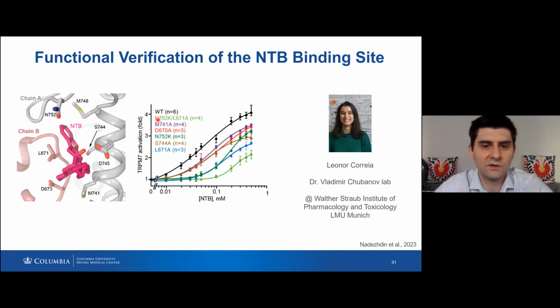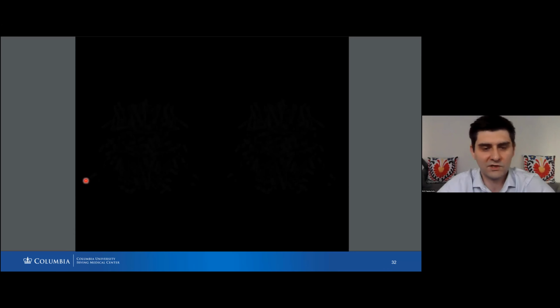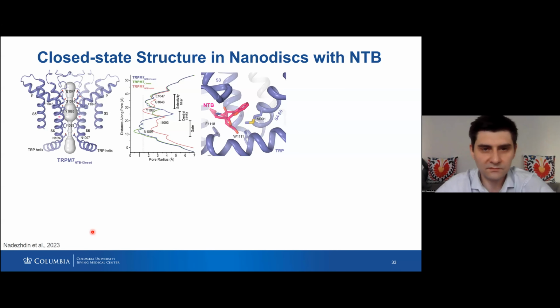And if you do even a double mutation, you can see even more reduction in activation by naltriben. So these functional studies, these mutagenesis experiments, confirm that yes, this is indeed the naltriben binding site. Unfortunately, I have a video that I cannot play here, so I will skip it.